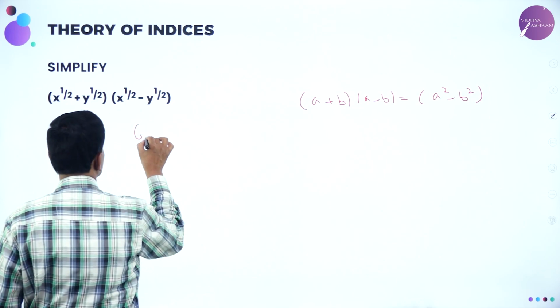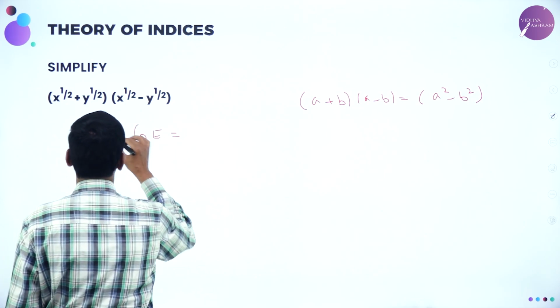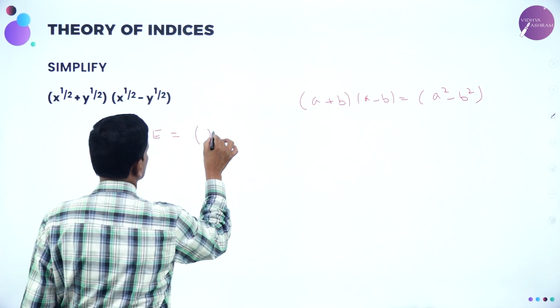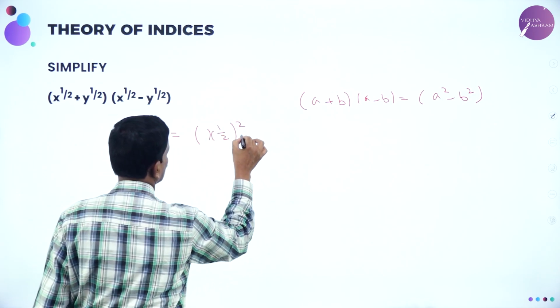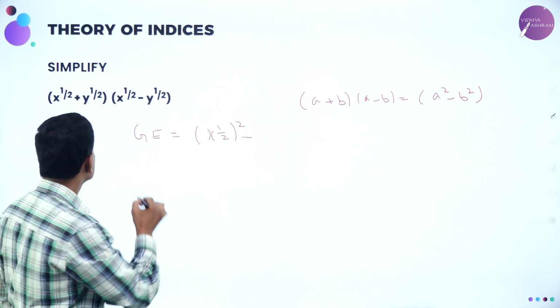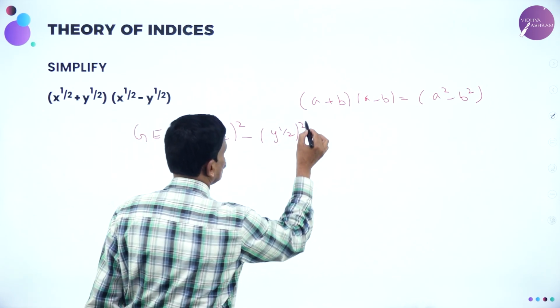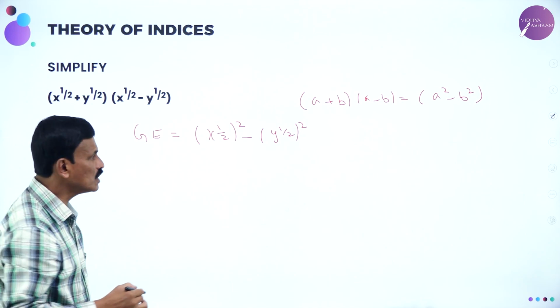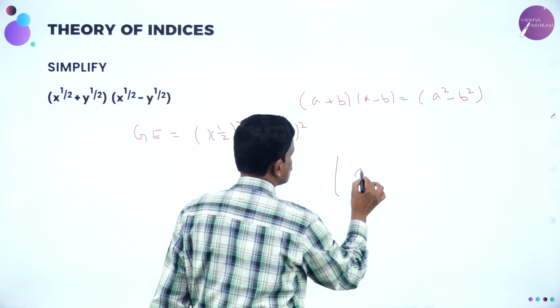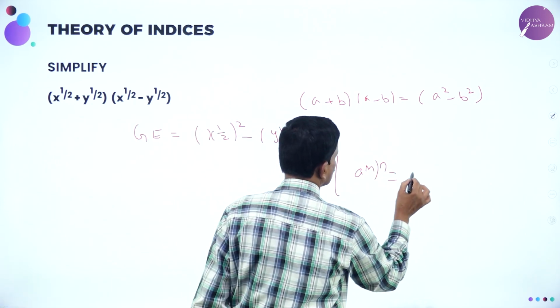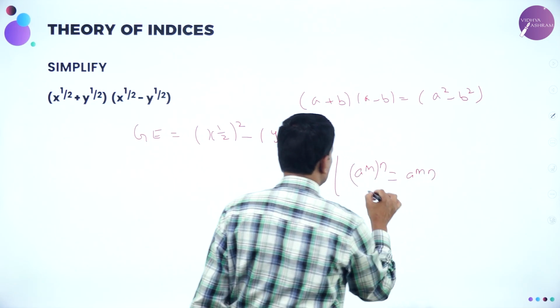So, the given expression can also be written as x to the power of 1 by 2 into x to the power of 1 by 2 is x to the power of 1 by 2 whole square, minus y to the power of 1 by 2 into y to the power of 1 by 2 is y to the power of 1 by 2 whole square. Again, using the law of indices, a to the power of m whole raised to n is a to the power of m into n.